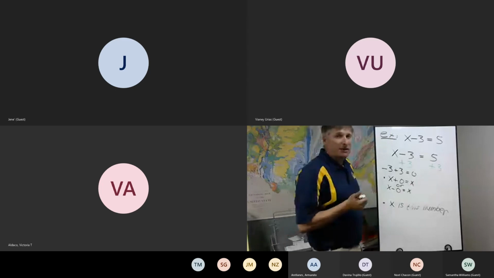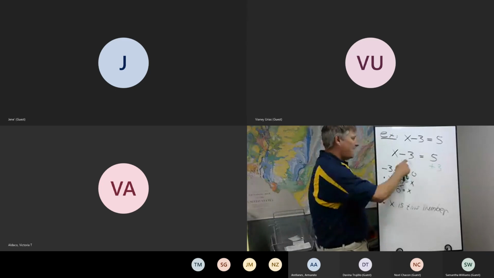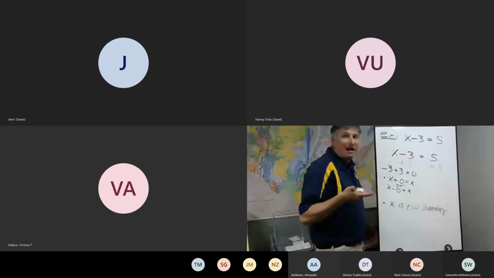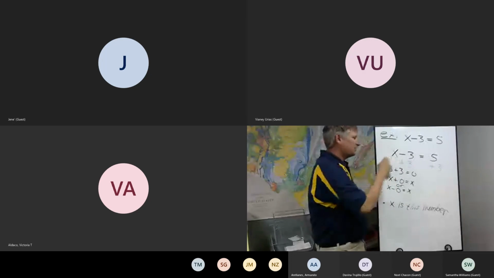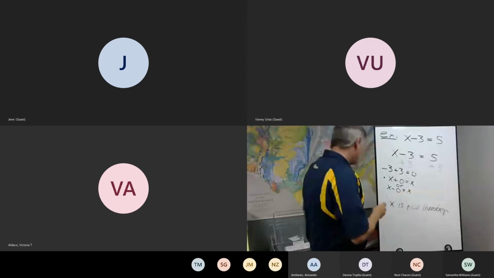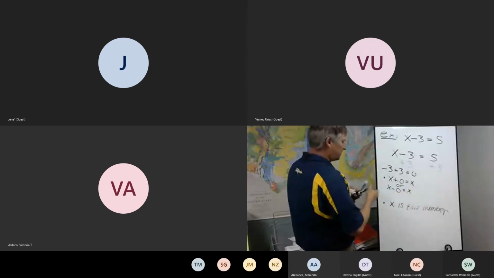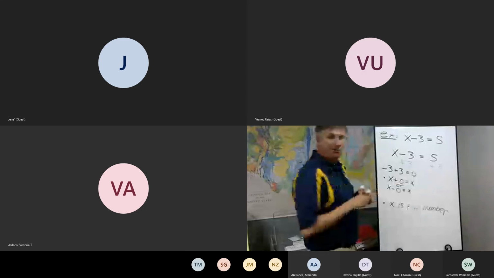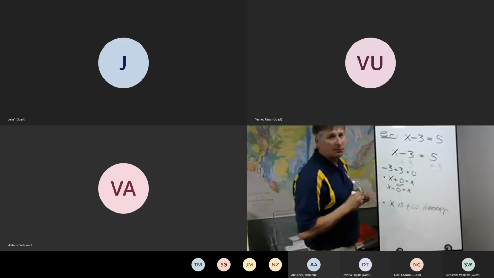So this is how cancellation works. I add 3 to this subtraction of 3, and it breaks me even. I get back to 0. And then x plus 0, x minus 0, it's just going to be x. But then over here, I have to add 3 because of the equal sign.